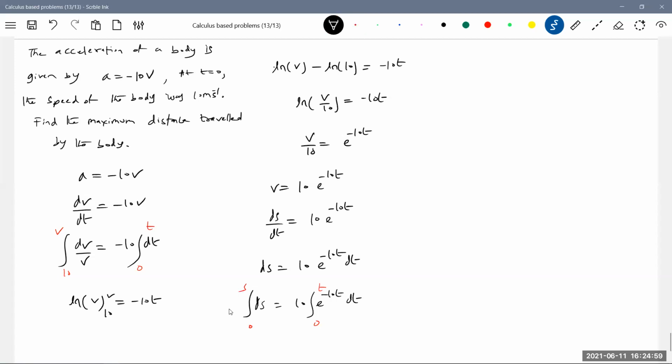We'll assume that initially it is at the origin. It is not given, but at t equals 0 the speed of the body was 10 meter per second and it is at origin. If it is not at origin, I would have mentioned. Most of the problems in the books have this convention. If it is not given, you can assume it to be at origin.